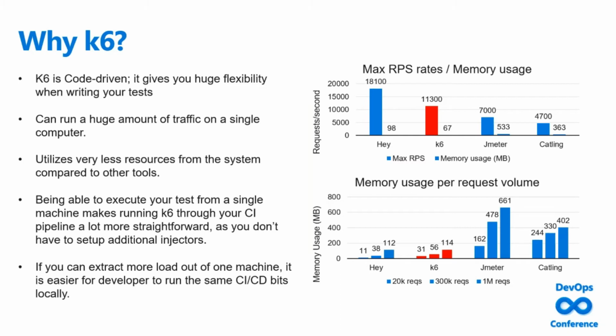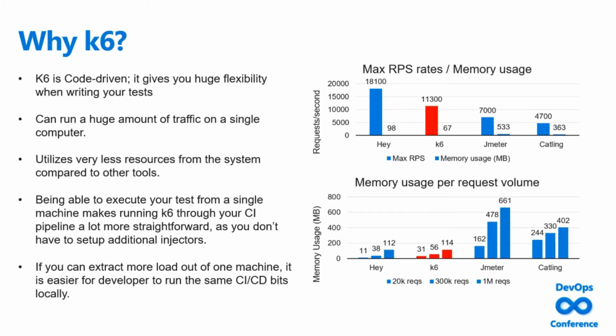As you can see here in these two graphs, in the one at the bottom, the memory usage for 1 million requests of K6 is 114 megabytes, while other tools almost reach a peak of 661. And by using less memory per request, you can achieve a higher number of virtual users.